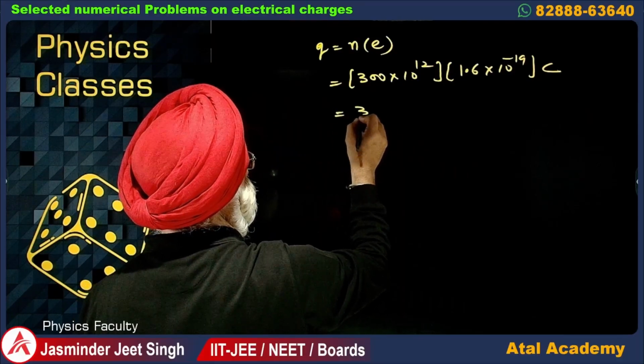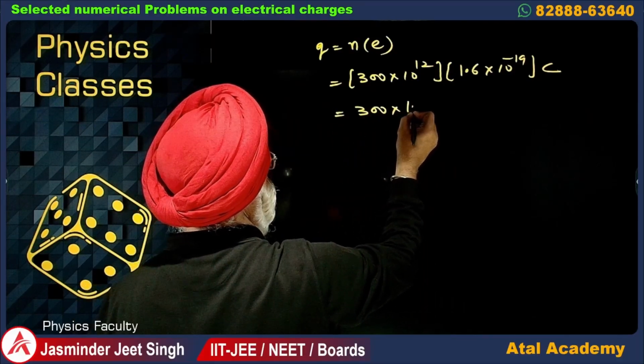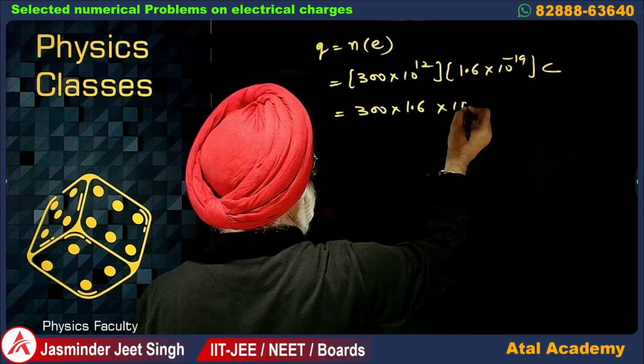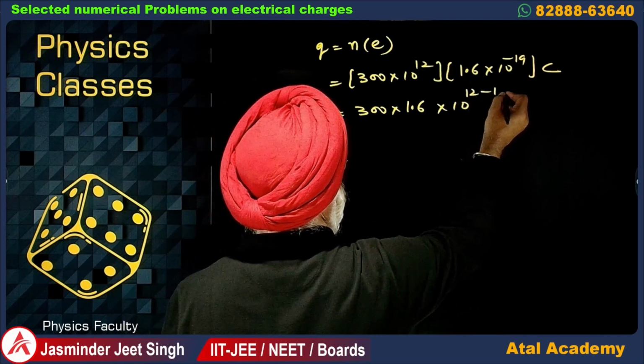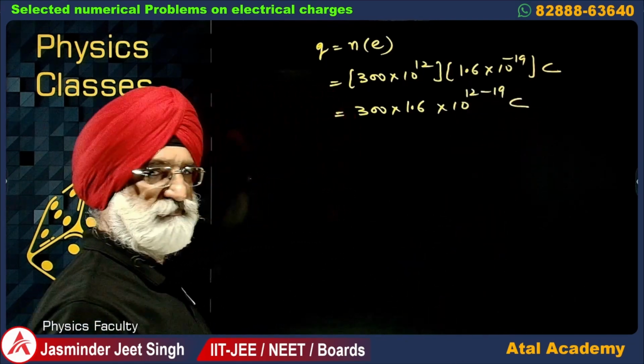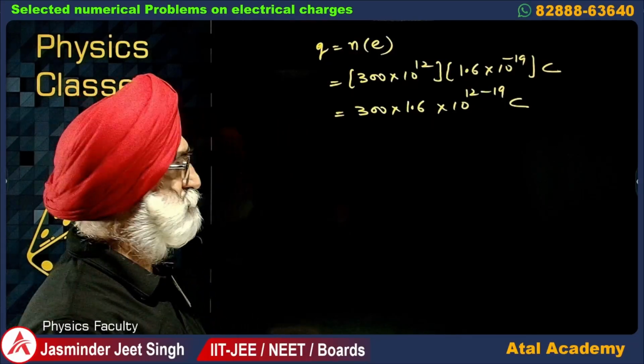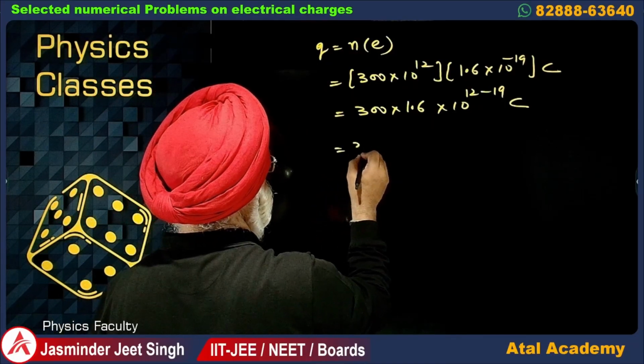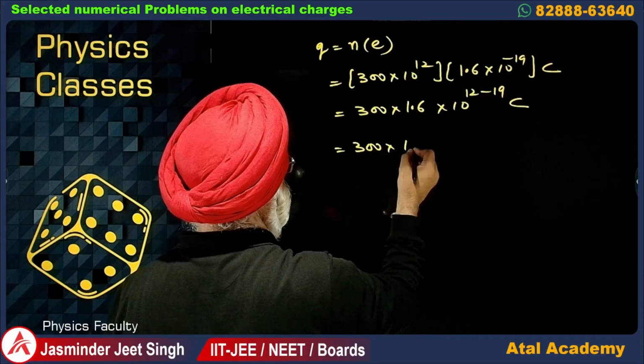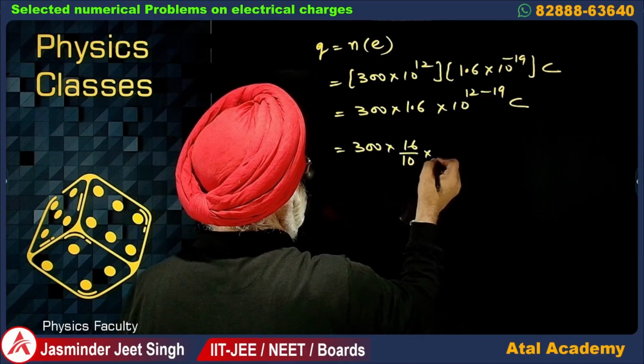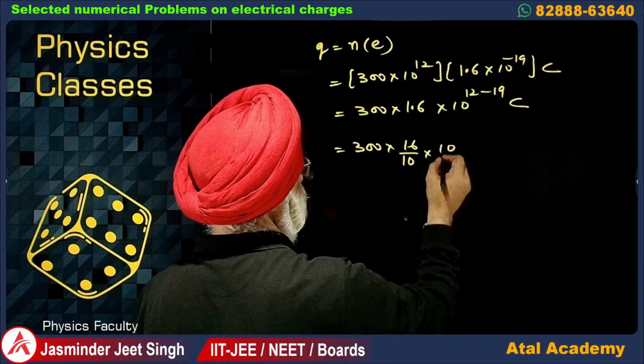It will be 300 into 1.6 into 10 to the power of 12 minus 19 coulombs. It will be 300 into 16 upon 10 into 10 to the power of minus 7 coulombs.